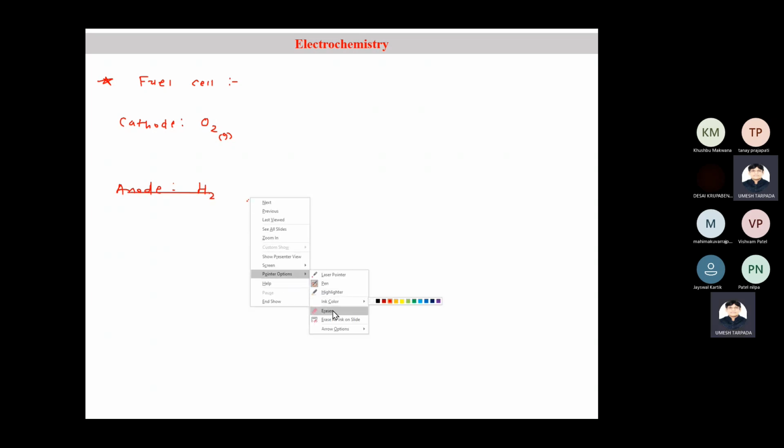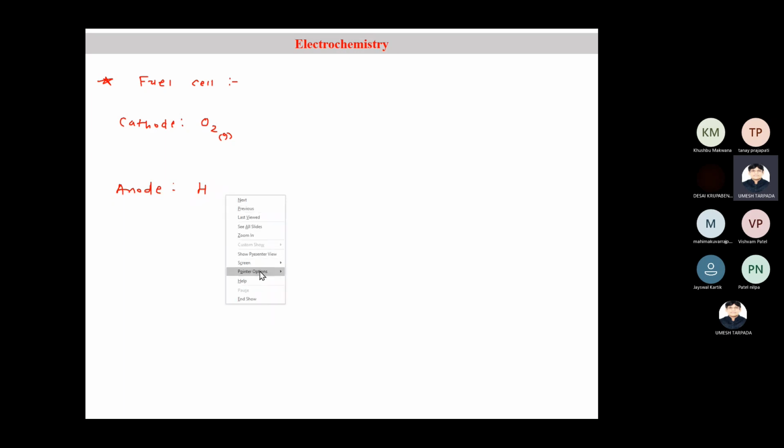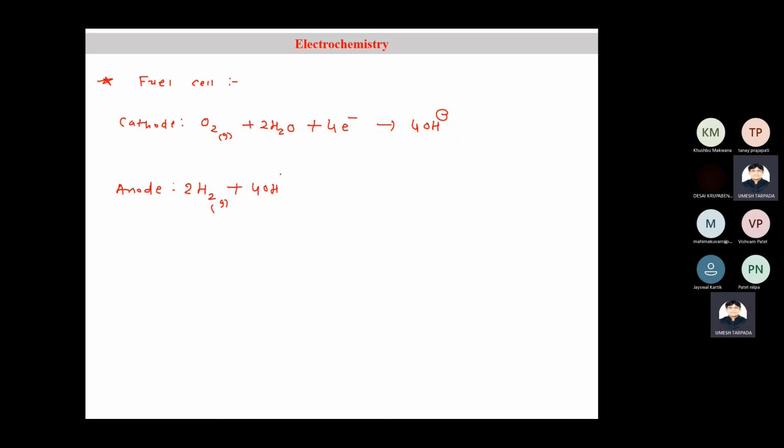H2 undergoes oxidation. Oxygen undergoes reduction, that is, it gains electrons and is converted to OH minus. The charge also gets balanced. There are two oxygens here and 4 hydrogens. H2 undergoes oxidation to give 4H2O plus 4 electrons. Electrons on the right side is called oxidation.